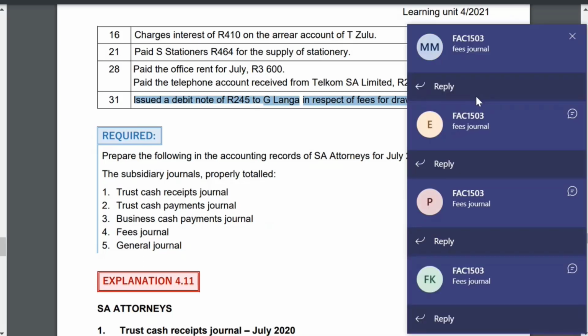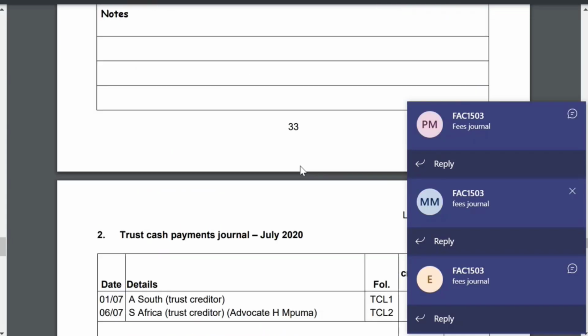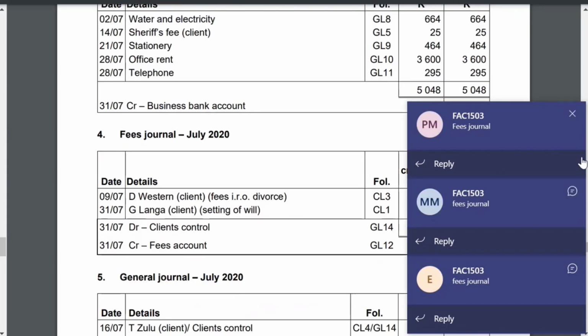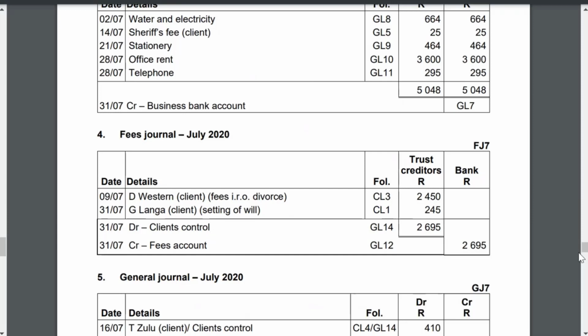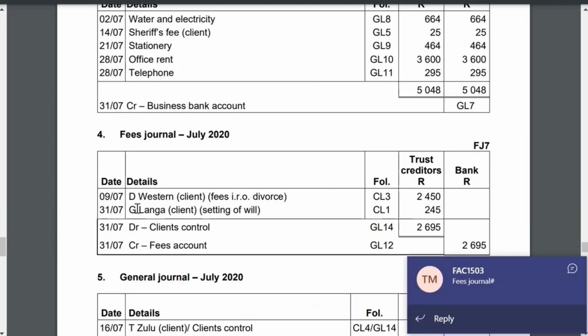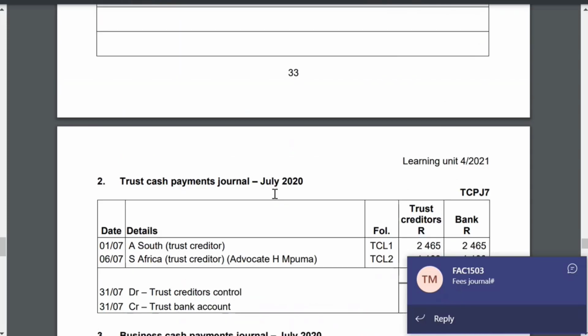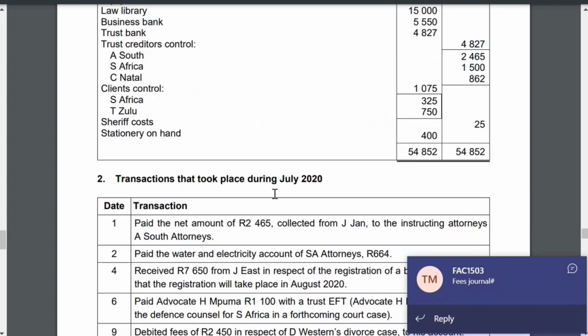Faith, Fees Journal, Bali, Fees Journal, Alicia, Fees Journal, Myla, Fees Journal, and Balisa, Fees Journal. Well done, guys. This is Fees Journal.